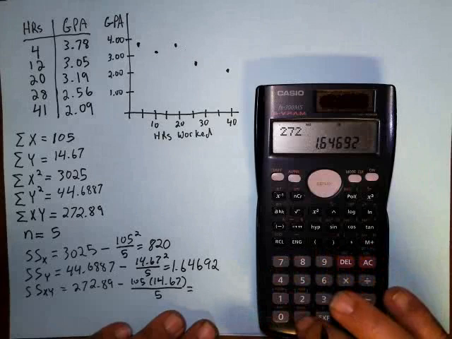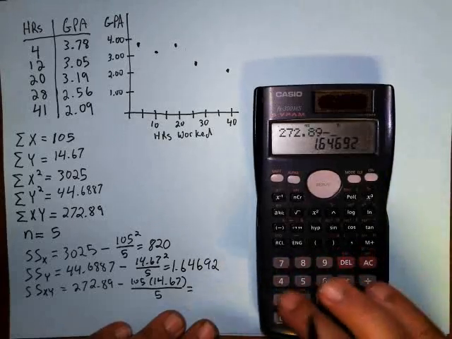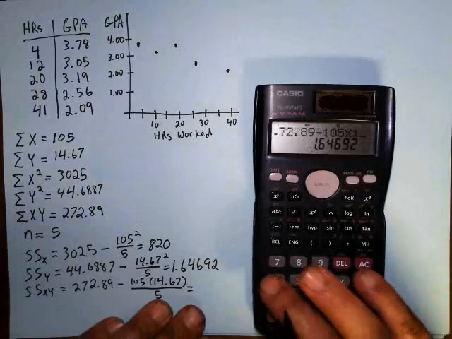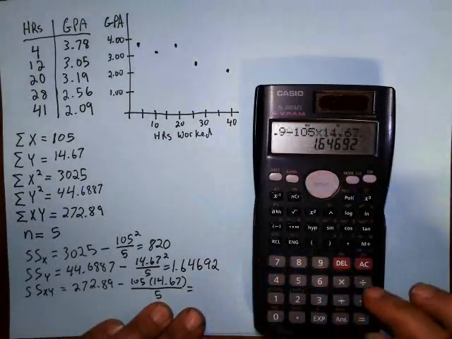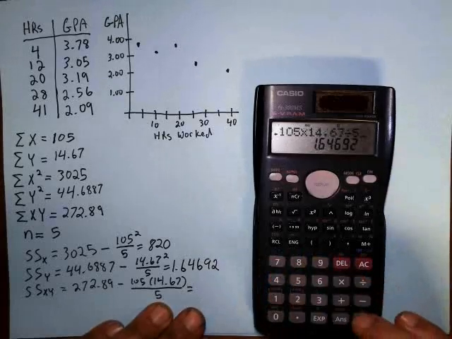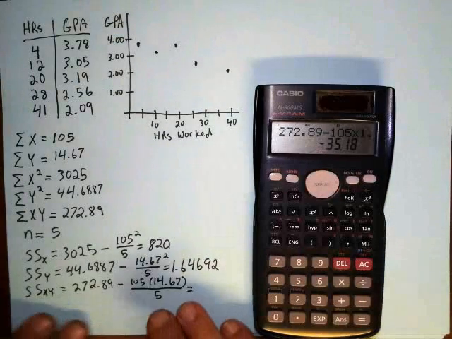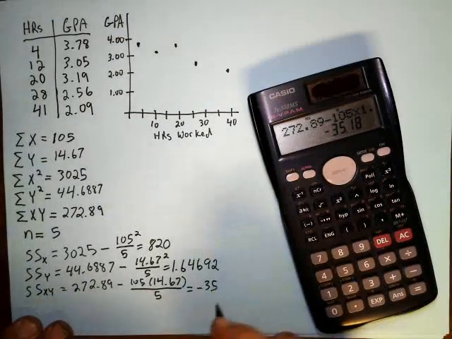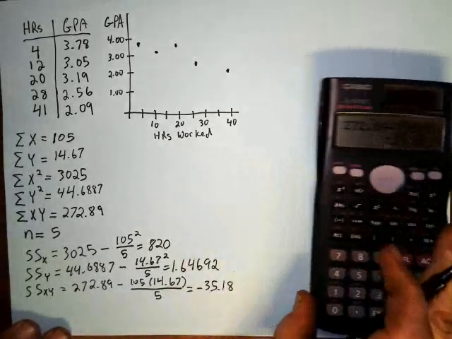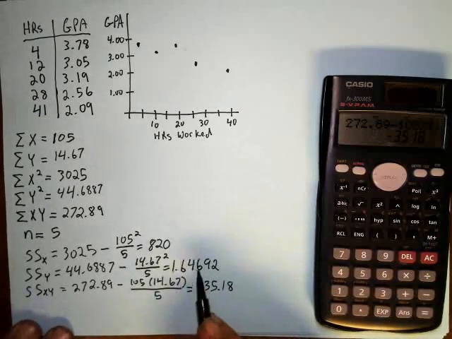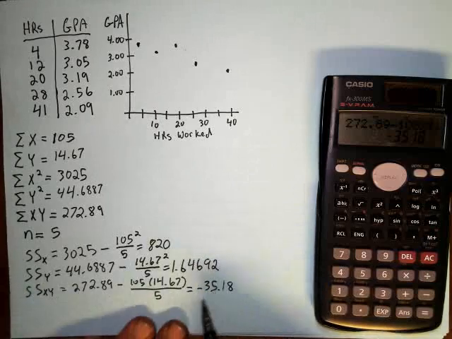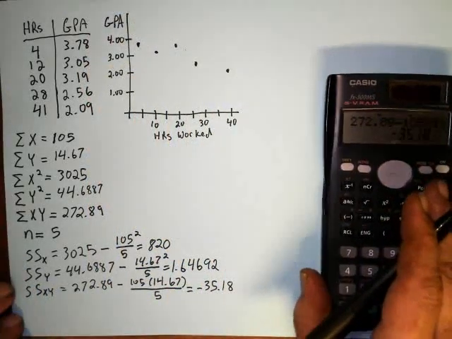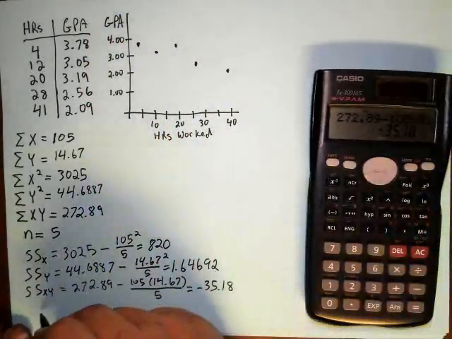So 272.89 minus 105 times 14.67 divided by 5. And I get a negative 35.18. Notice both the SSx and SSy are positive, as they should be. This is negative, and the reason for that is because it's a negative correlation. So it looks like we're on the right track here.